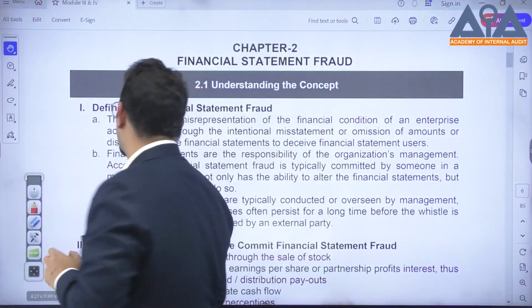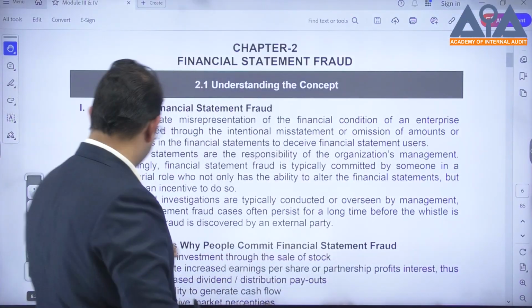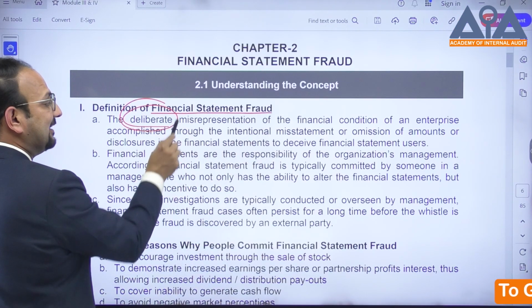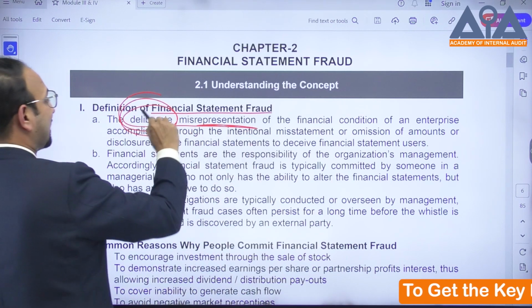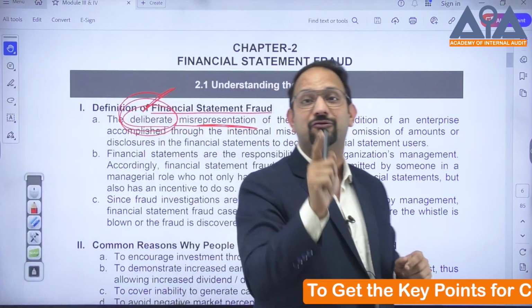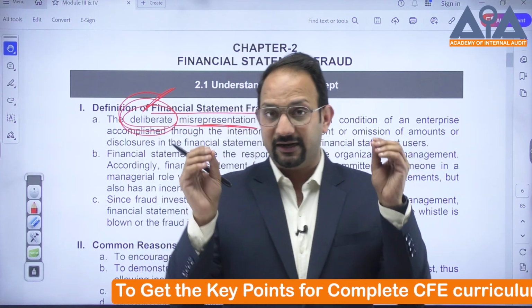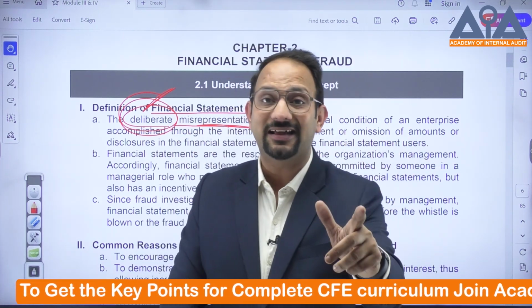So guys, first of all, the very important point in this chapter is what is financial statement fraud. So financial statement fraud is the deliberate misrepresentation. So guys, deliberate is the key point you have to keep in mind. Deliberate misrepresentation of the financial condition of the organization. And why are they doing it?